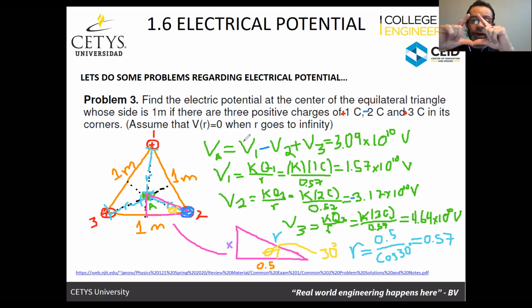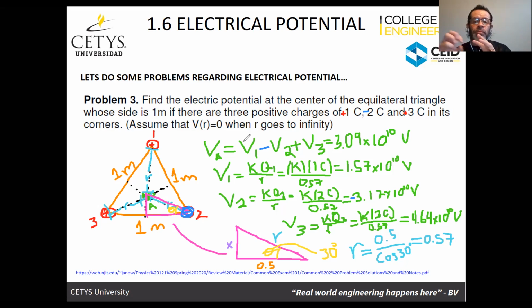If I have a triangle with three positive charges and I want to put a positive charge in the middle, I think it was 9 times 10 to the 10 volts. That's the energy per unit charge that I need to put a charge in that position of the triangle.